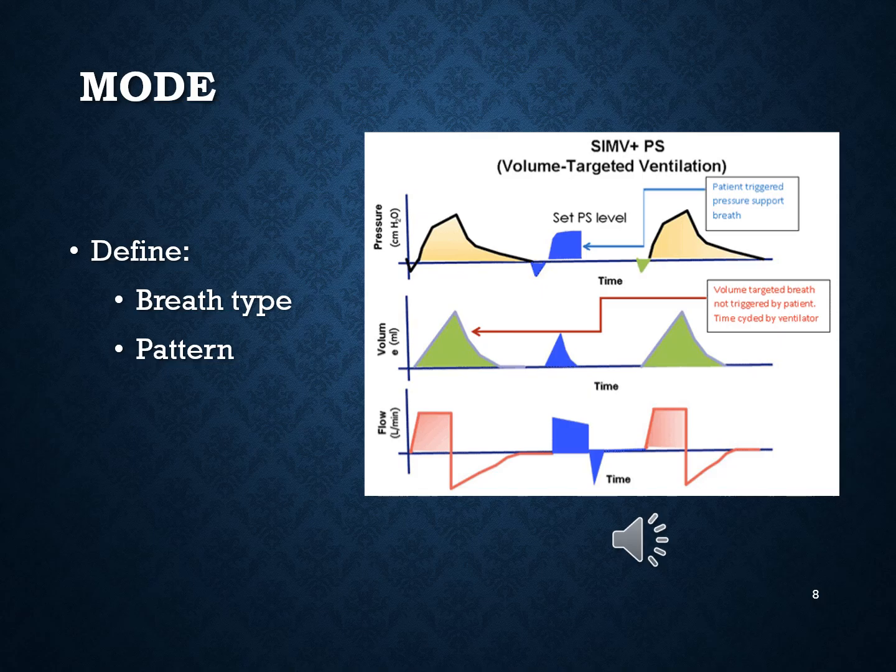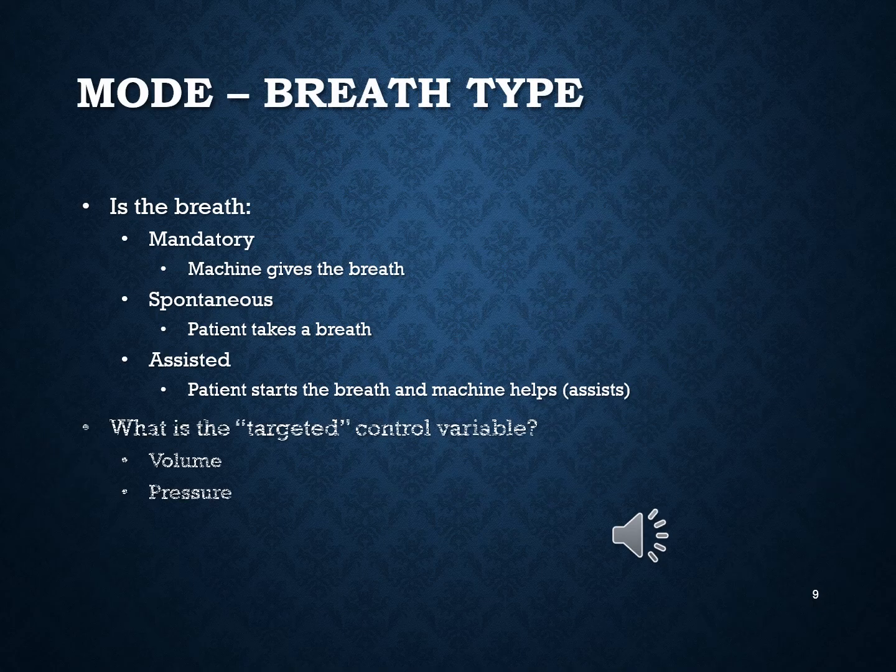Now again, when we talk about the mode of ventilation, we're actually talking about the type of breath that the patient is going to be receiving along with the pattern of that breath.